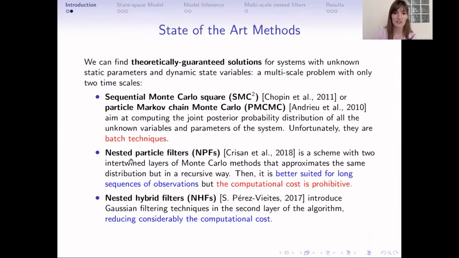On the other hand, we have nested particle filters that are schemes with two intertwined layers of Monte Carlo methods that approximate the same distribution, but in a recursive way.